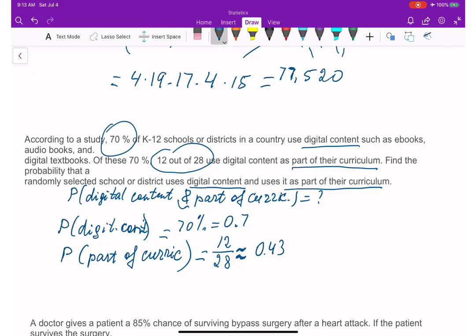So the probability of using digital content and it being part of the curriculum is 0.7 times 0.43, which is 0.301, about 30%.